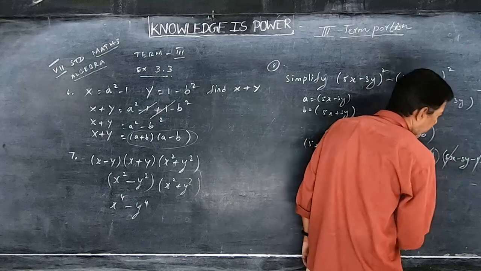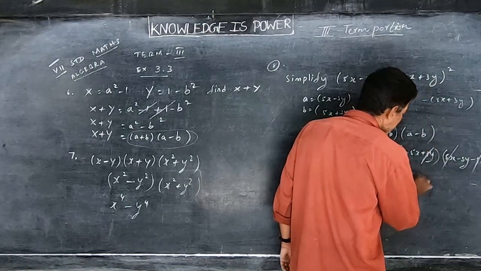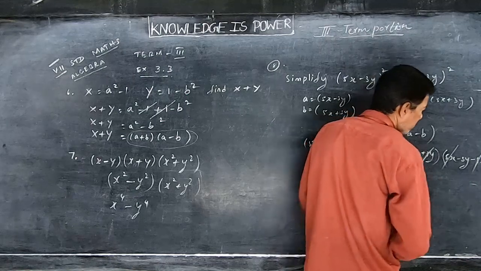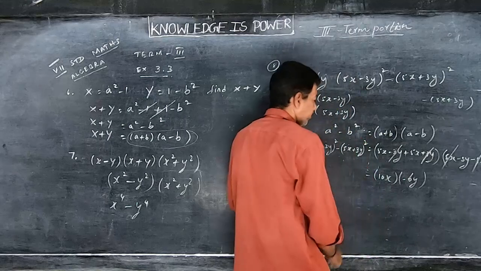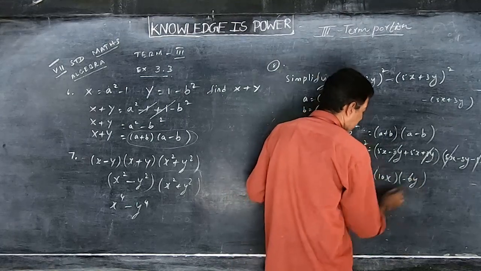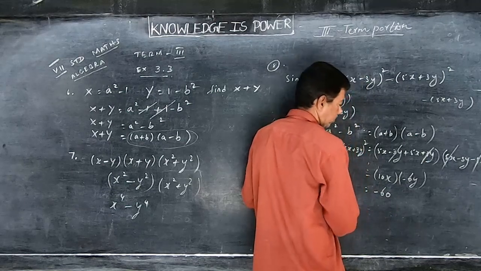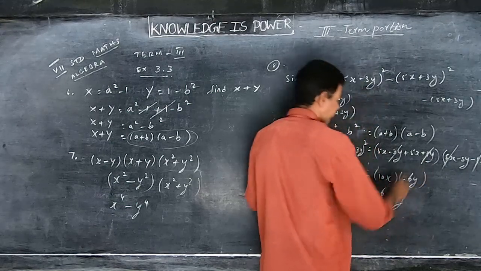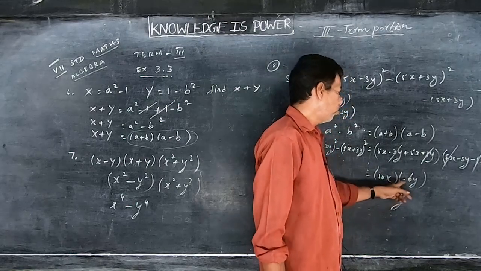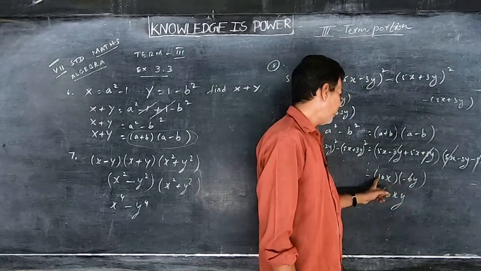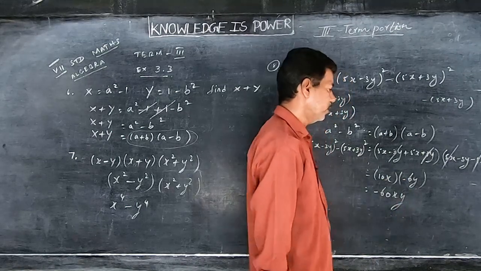So what will be here? Minus 3y minus 3y is minus 6y, because both are negative. After multiplying, 10 times 6 is 60. Since one of the numbers is negative, it is minus 60xy.